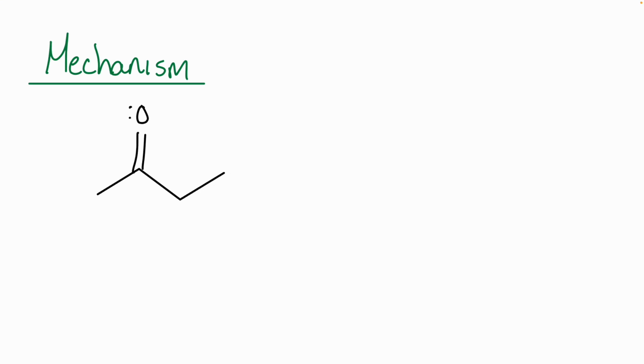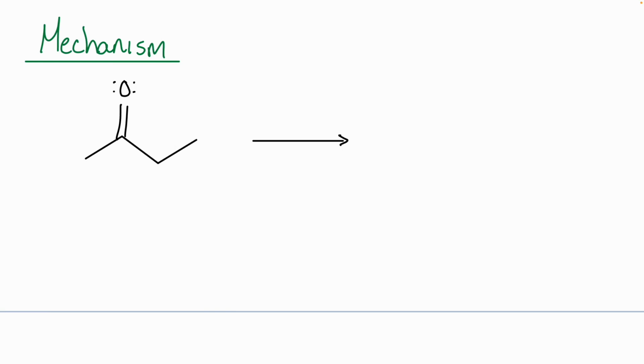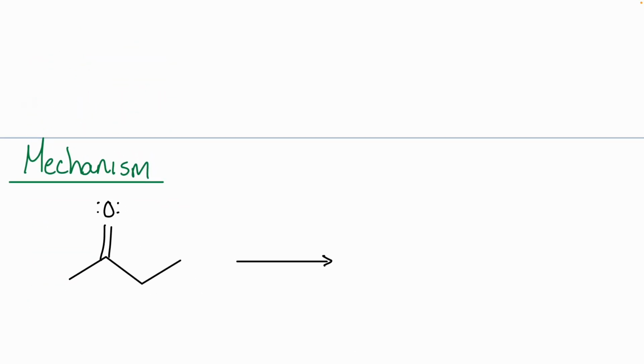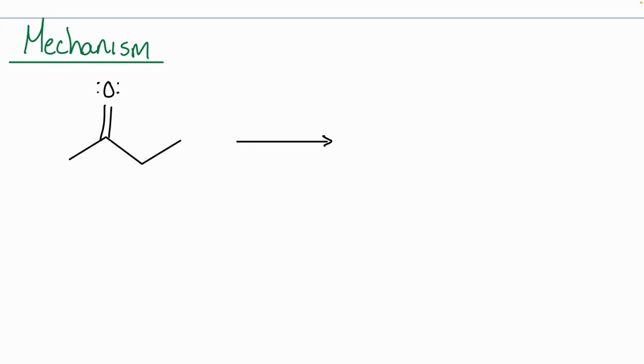All right, so again, we're going to look at our mechanism for these reduction reactions. They're actually quite simple. And what we're going to do is we're going to start out with a ketone. All right, given what we just discussed with our oxidation reactions, a reduction reaction is just the reverse here. So if we start out with a ketone, what do we think we're going to make when we do our reduction reaction? An alcohol.